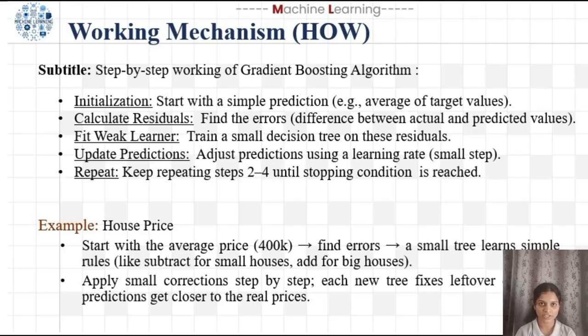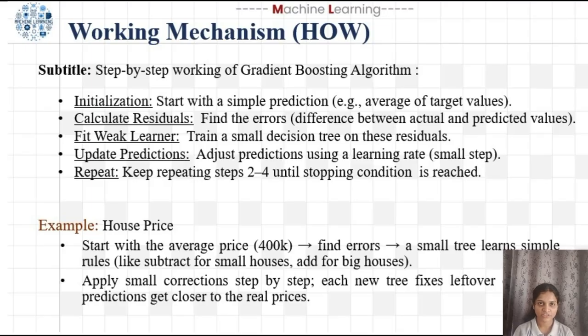Now see how gradient boosting works with the help of an example. Imagine we want to predict the price of a house. First, the model starts with a simple guess. It says the cost price of the house is 4 lakhs, but this is not the real cost price for all houses. Suppose one house actually costs 3 lakhs.